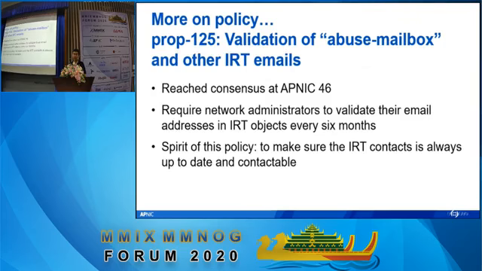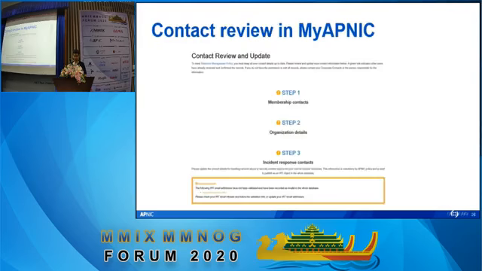If you have not validated your IRT object, on the next screen when you log in, you will see this. We will ask you to confirm your organization contact details and the email address in your IRT object. We will send a validation link to the email address listed in your IRT.